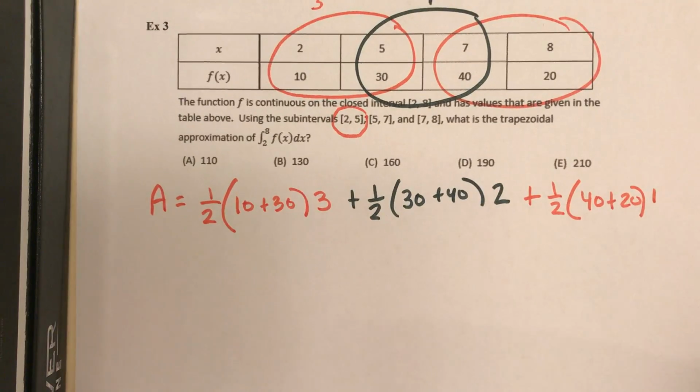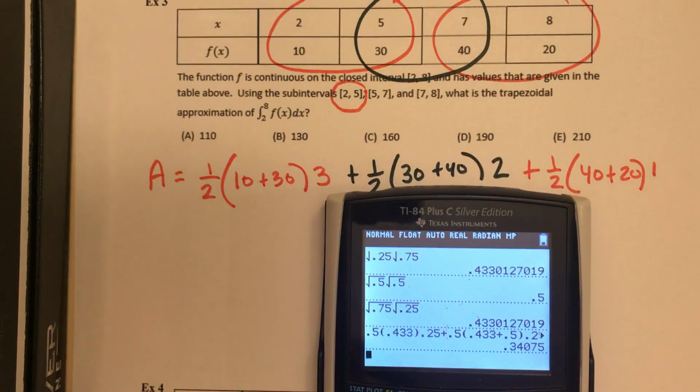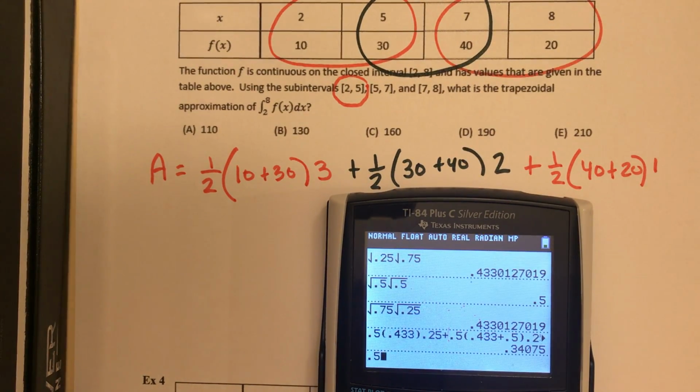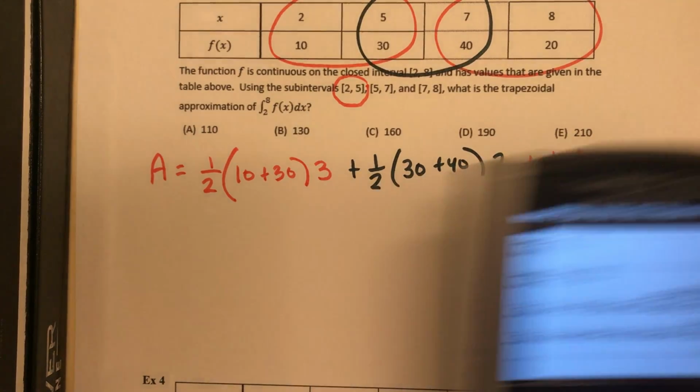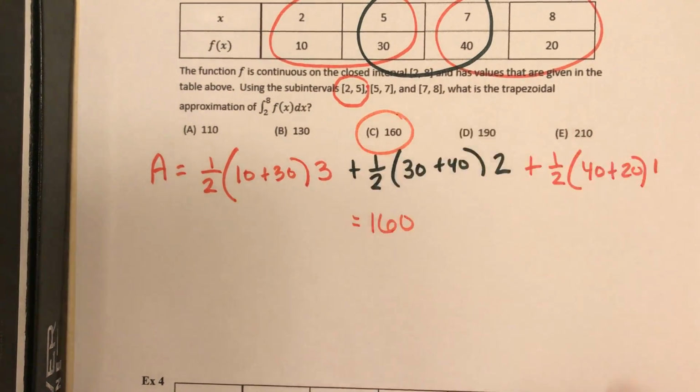Okay, so let's add up all those on our calculator. That gives me 160. So that would be choice C.